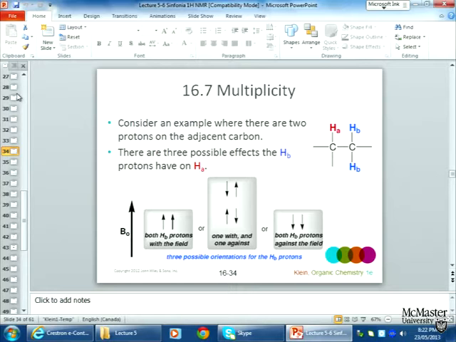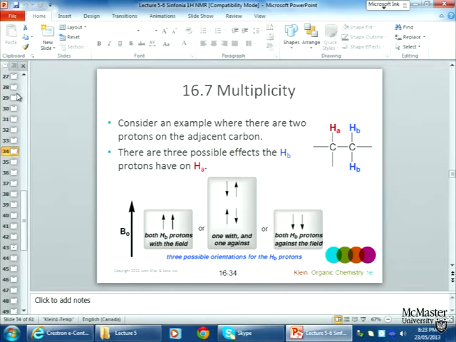The one in the middle, up and down, or down and up, that is the chemical shift of your protons at that particular site, the center of the multiplicity. But we have signals that are shifted one way or the other way, or not at all, because up and down cancel out. HA stays at its chemical shift for the middle line. So there's a 1 to 2 to 1 possibility here.